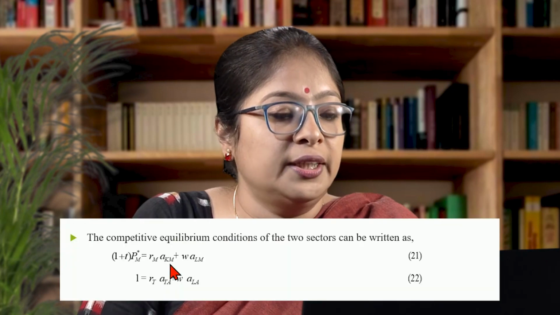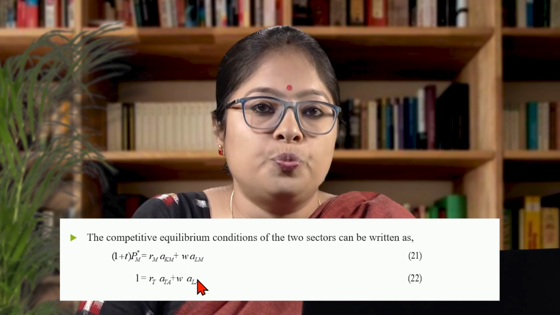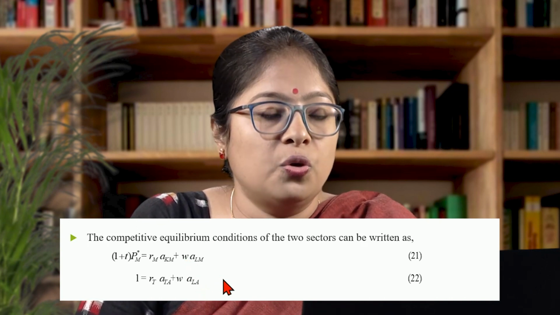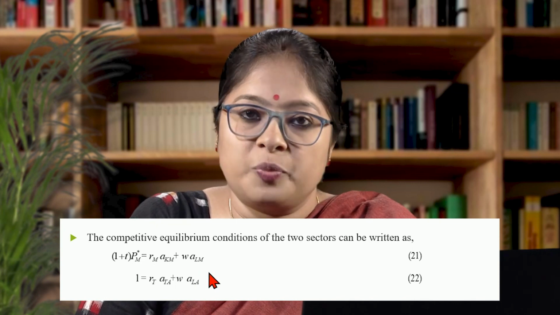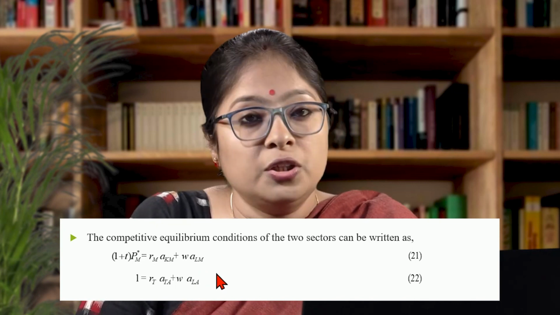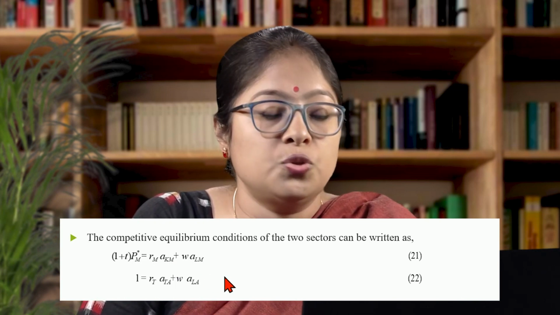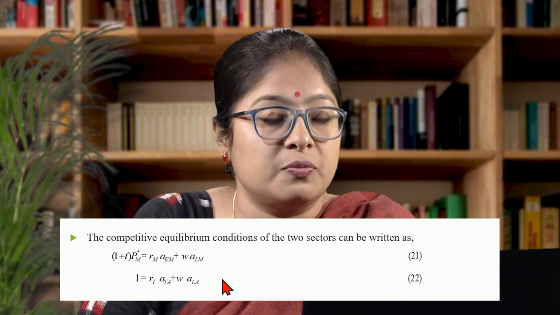Now, here in this model, we find that there are three unknown factor prices in two price equations. So, three unknown factor prices cannot be solved from the price system alone. In order to solve for the values of factor prices, we need to take the help of the output system.